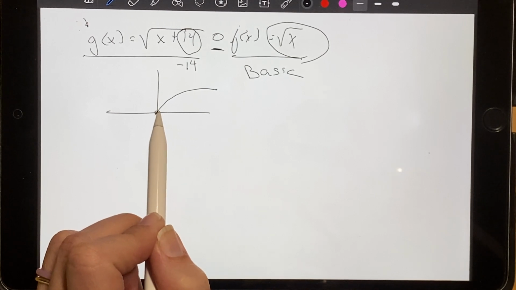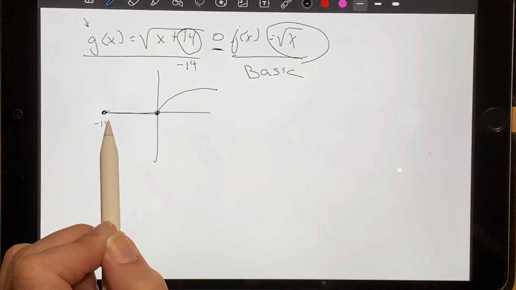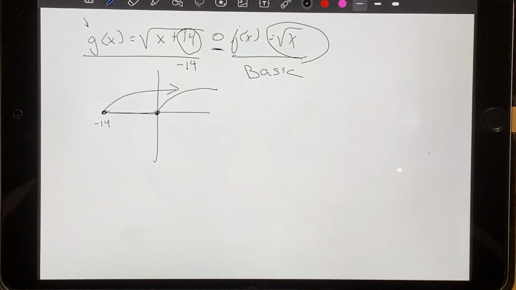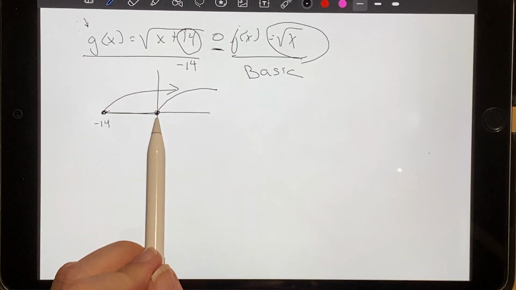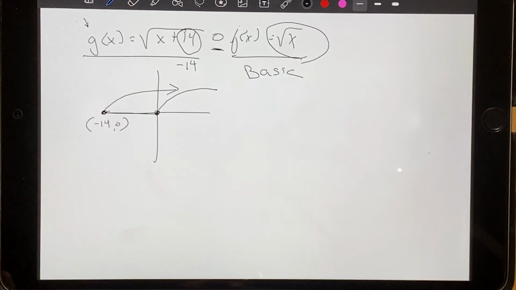I'm going to take my vertex and I'm going to move it back here to -14, and then that will be my graph. So all you need to write is shift the graph 14 units to the left, or move the vertex to -14, 0. You can write that in any way that you would like.